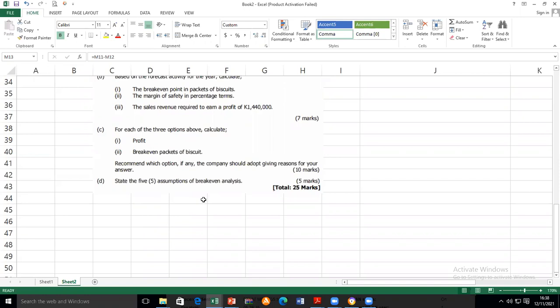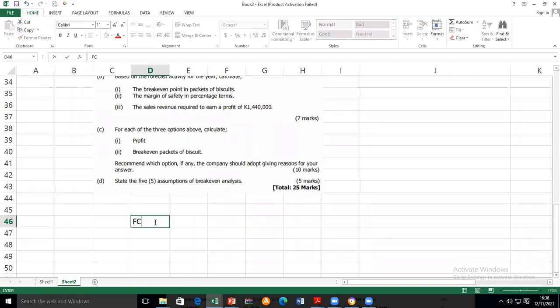Sales price also, we say it's constant. Let me assume that there are no stocks. Sales and production, there's no stocks. And we ignore any uncertainty. There's no uncertainty in any of these variables.